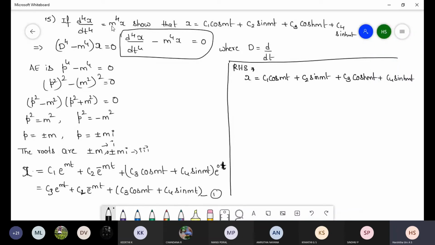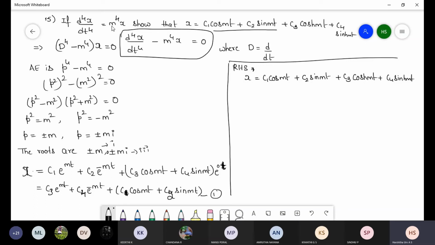Here I write C3, here I write C4, here I write C1, here I write C2 to adjust the constants they have given in the RHS side. To adjust like that, I have changed.